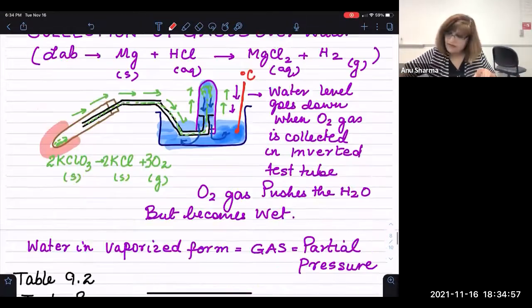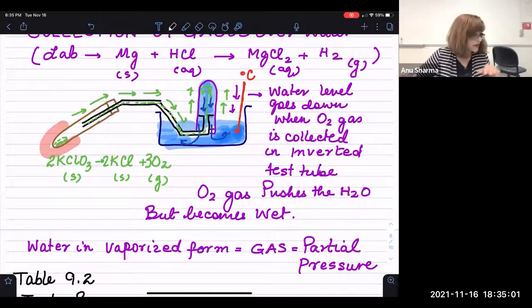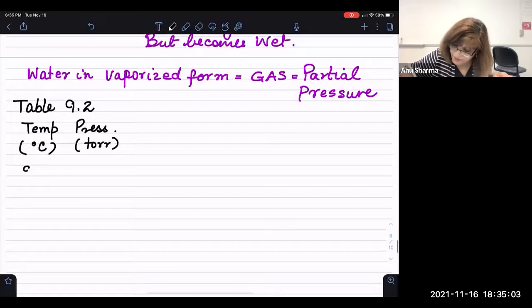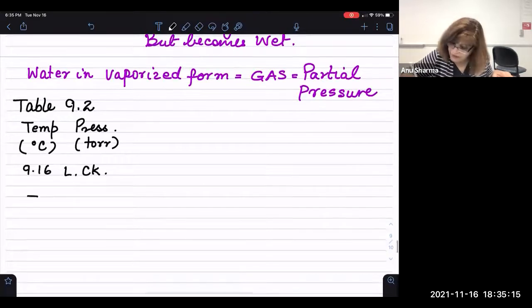So let's look at this now, the situation with the learning check 9.16. Okay, learning check. Okay, here a sample of oxygen collected over water at a temperature of 29. So temperature given is 29.0 degrees Celsius plus 273.